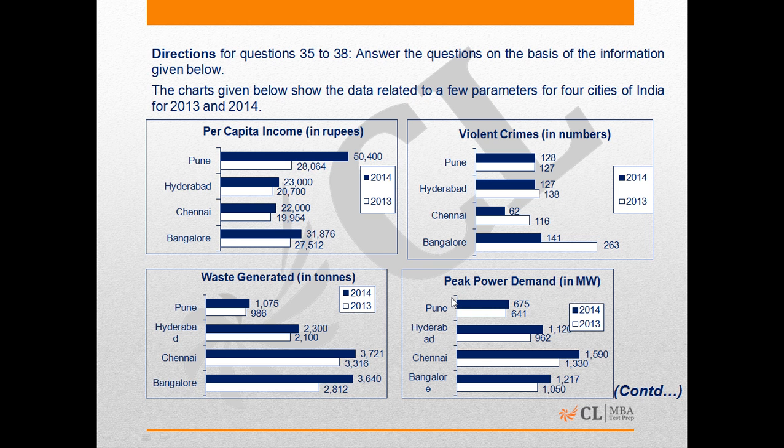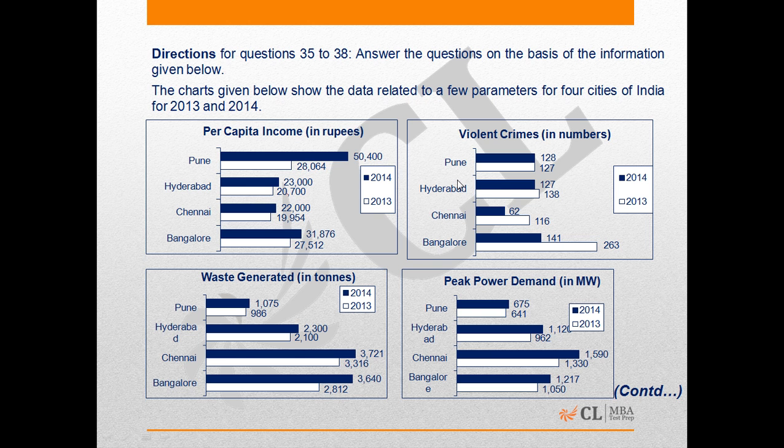First chart is about per capita income in rupees of a few states of India in 2013 and 14. We can see per capita income of Bangalore in 2013 was 27,512 and all these figures are in rupees.